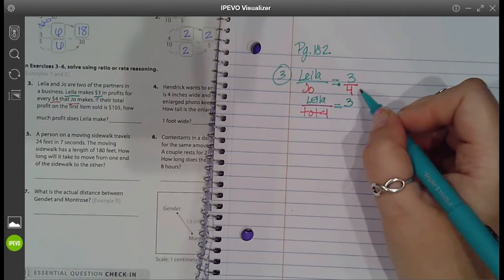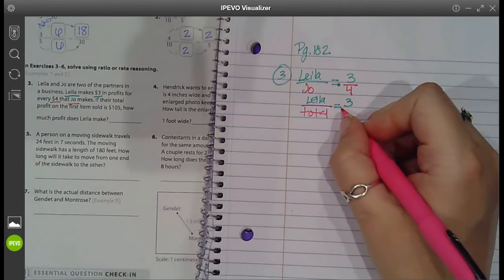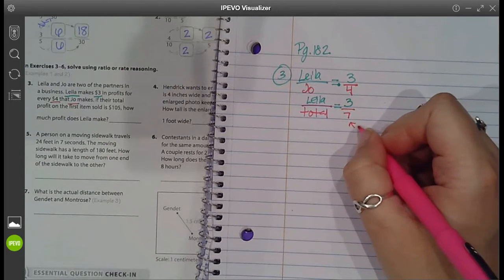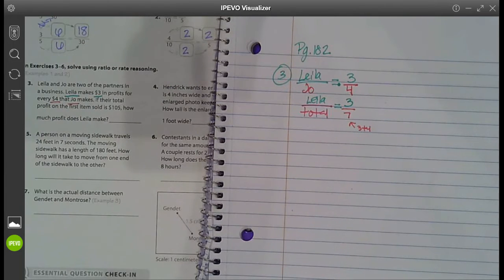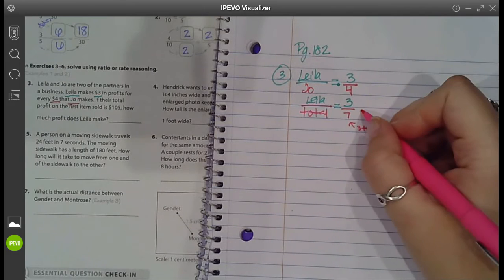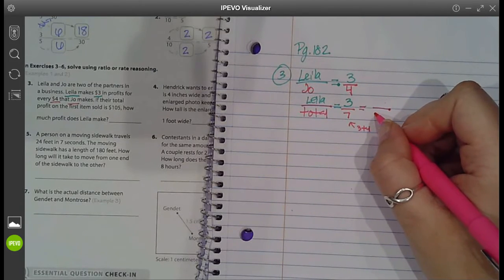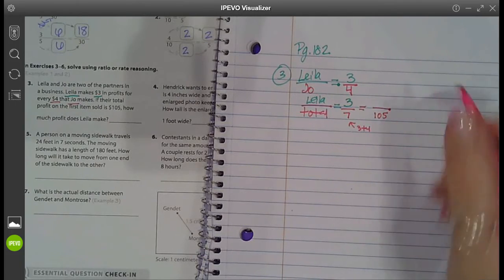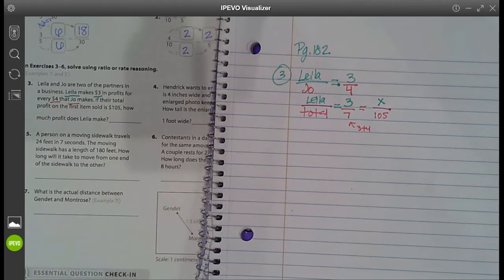So what's the total at that point in time? The total is 7, because 3 plus 4 makes 7, right? Then the next sentence says, well, if the total is 105, then how much did Layla make?